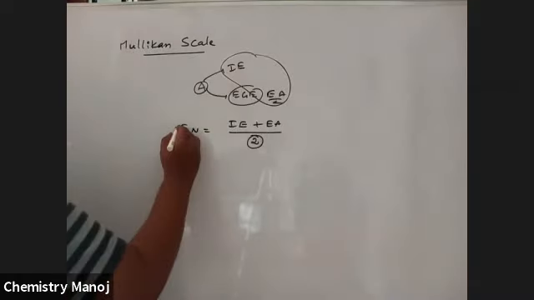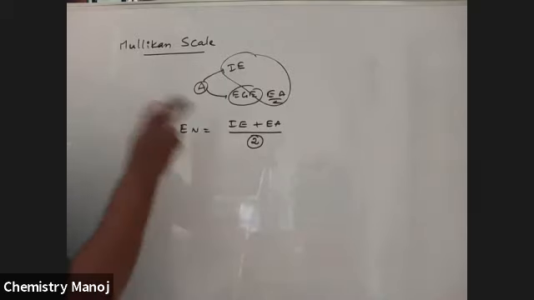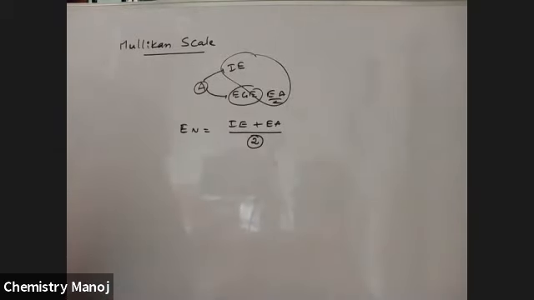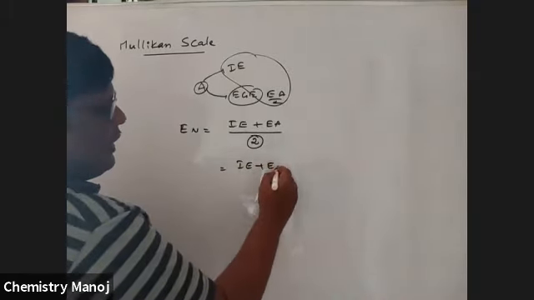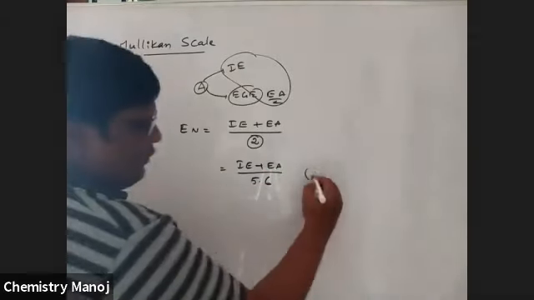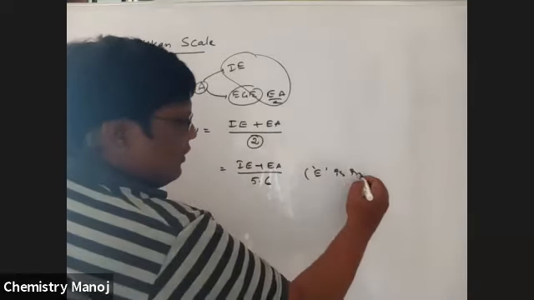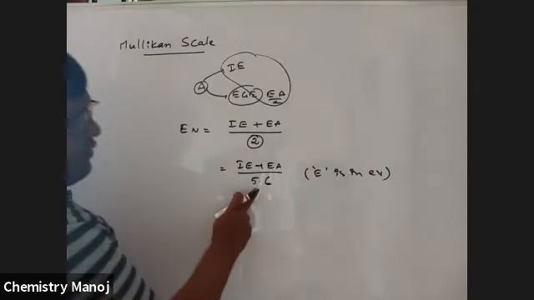So to calculate electronegativity, it is the average of its ionization energy and electron affinity. This is very important. If energy is measured in electron volts, it is divided by 5.6.